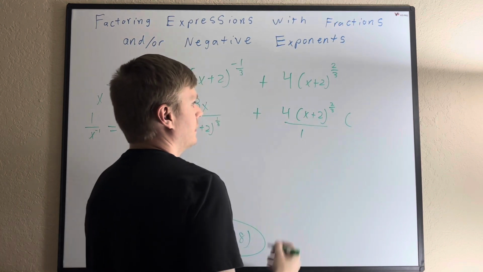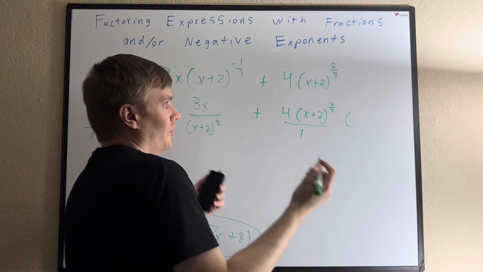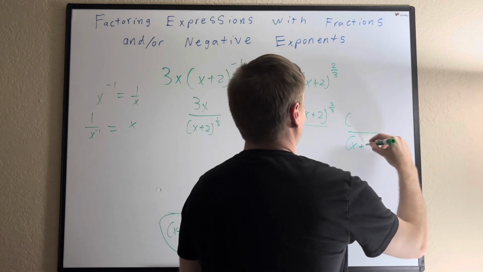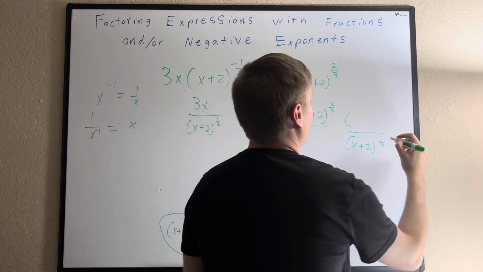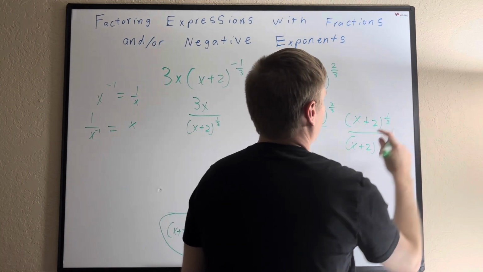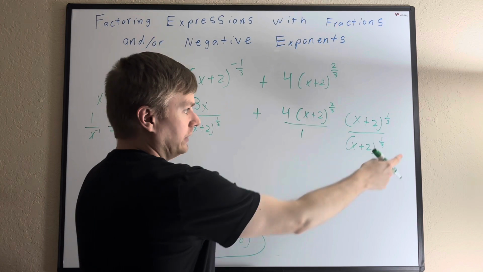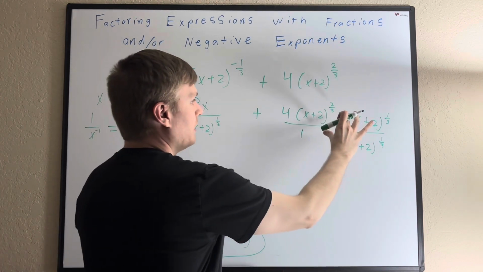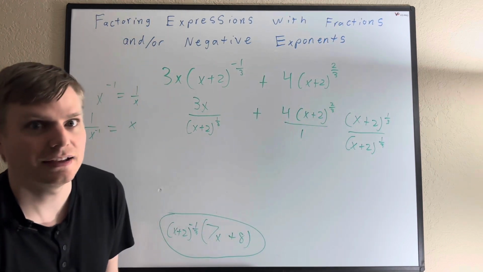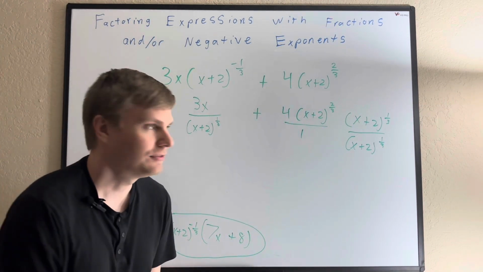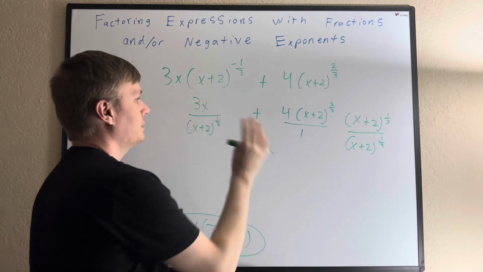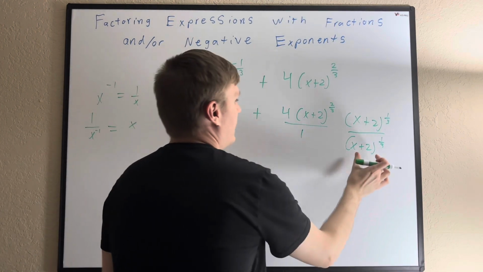But it can't be just 1 over 1. It's got to be x plus 2 to the 1/3 over x plus 2 to the 1/3, because anything divided by itself is 1. So we're just multiplying this by 1. Anything multiplied by 1 is going to be the same thing, it's just going to look a little different, because we want it to have a common denominator so I can add the fractions together.